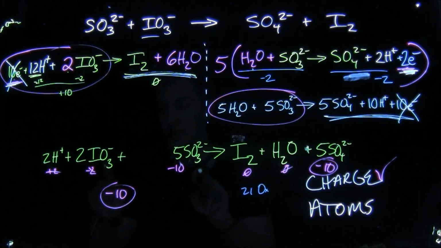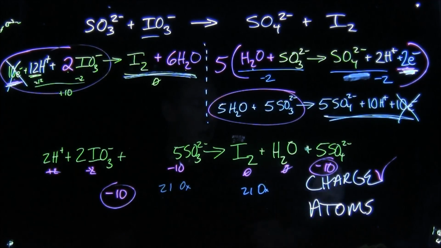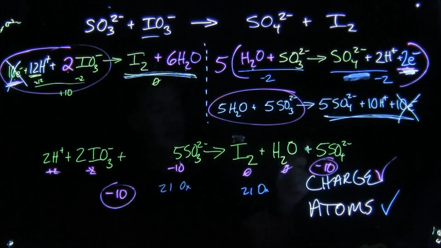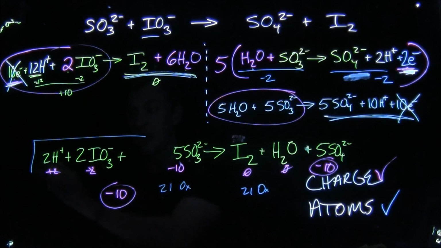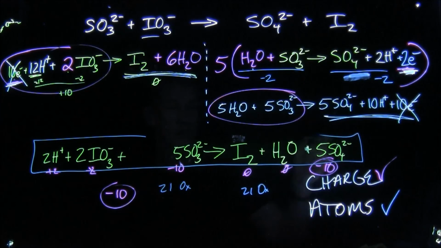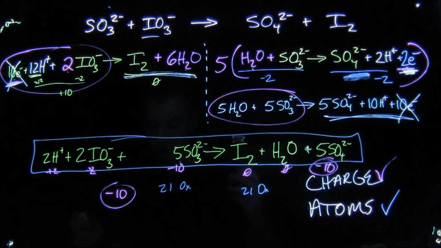And then you got 2 sets of 3, so that's 6. So 6 and 15, that adds up to be 21 oxygen. So atoms also check out. So you got charge balanced, you got atoms balanced. So this would be the correct equation for an acidic reaction. And then take a look at a basic one.